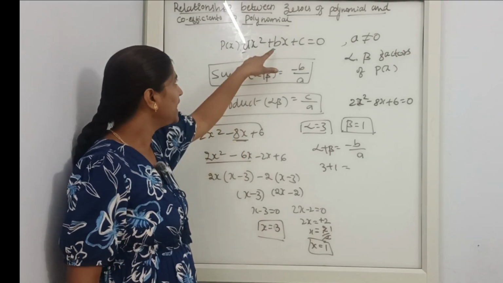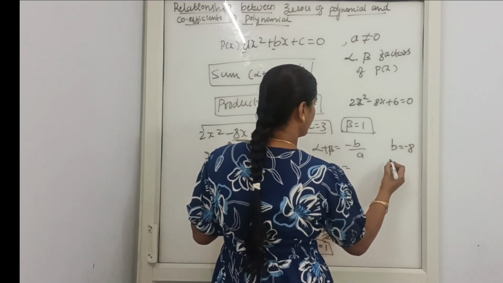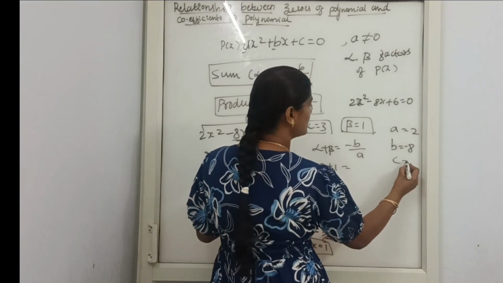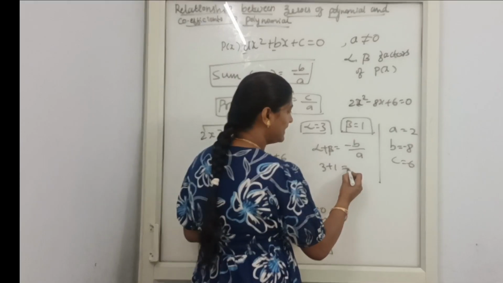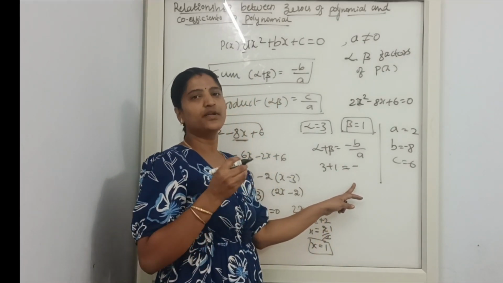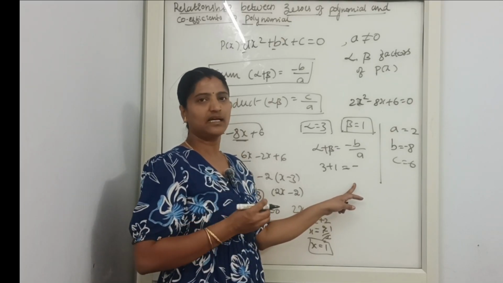In that way, b is minus 8, a is 2 and c is 6. Clear? Now you substitute. In the formula itself negative is there. Wherever the negative is there, you have to show extra concentration, otherwise it leads to confusion.